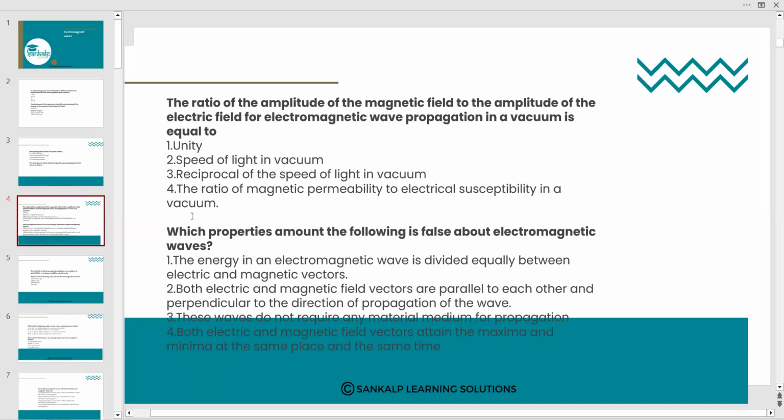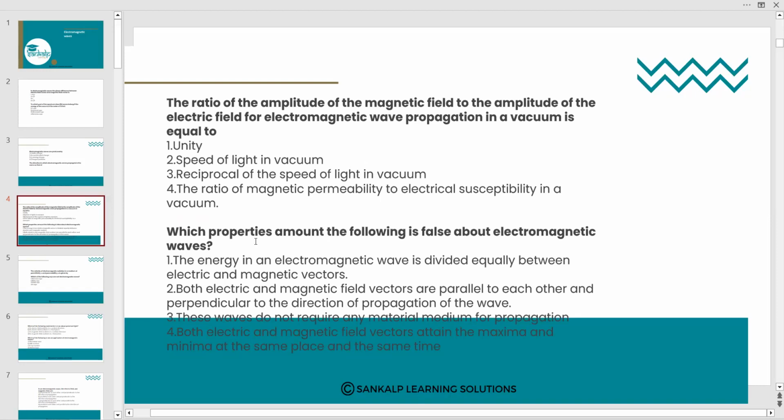The ratio of the magnetic field amplitude to the electric field amplitude, B divided by E, is the reciprocal of the speed of light in vacuum. That is option C, the correct answer.